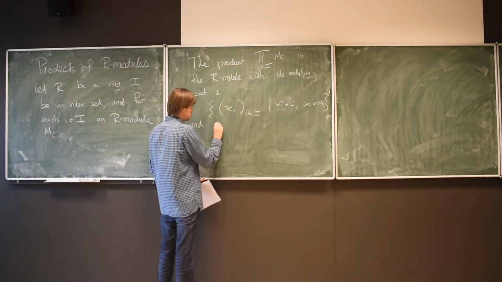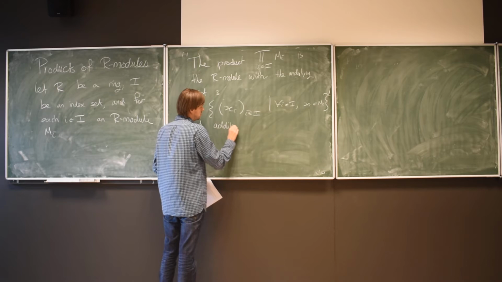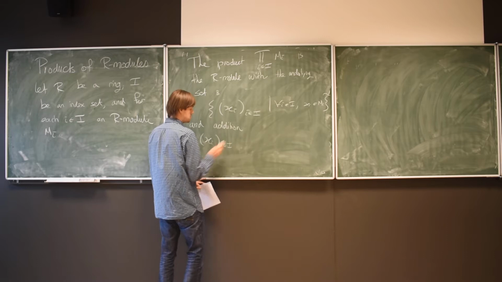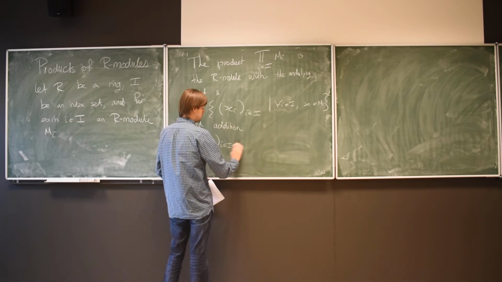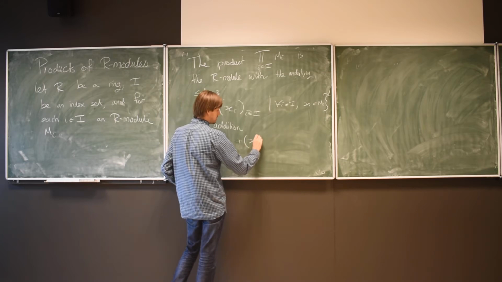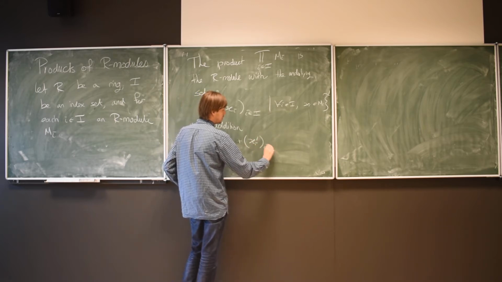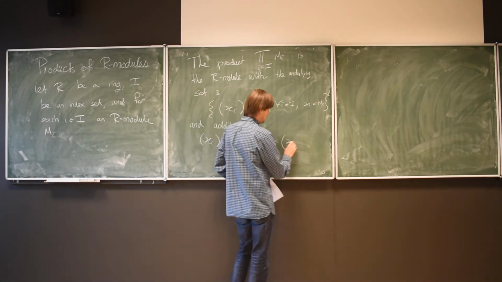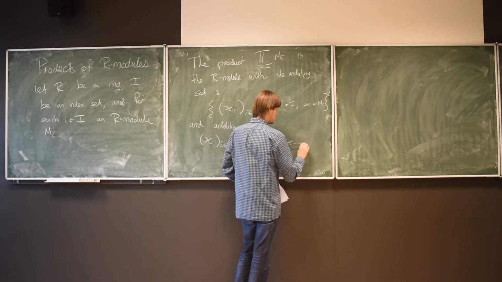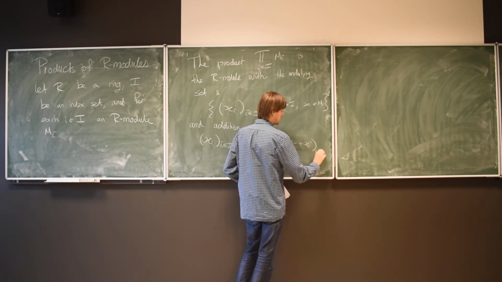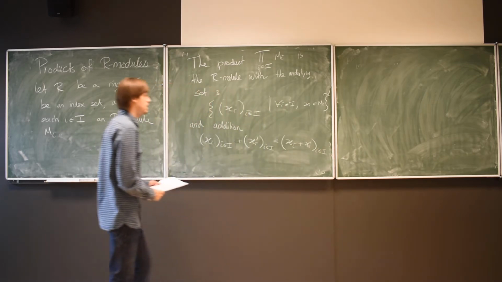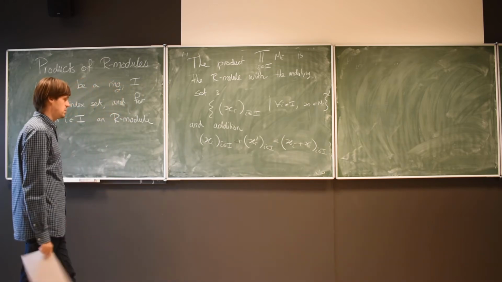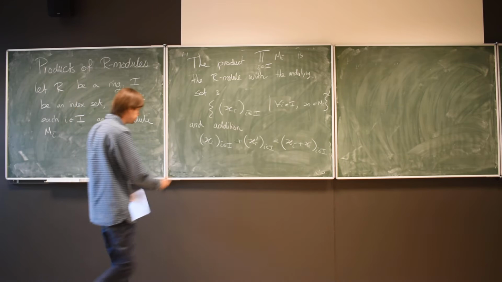And addition is given by, well, if I have two such tuples, (xi) plus (xi'), i in I, then I just add on all the coordinates: xi plus xi', i in I. So actually the underlying abelian group of the product is just the product as you know it in the category of abelian groups.